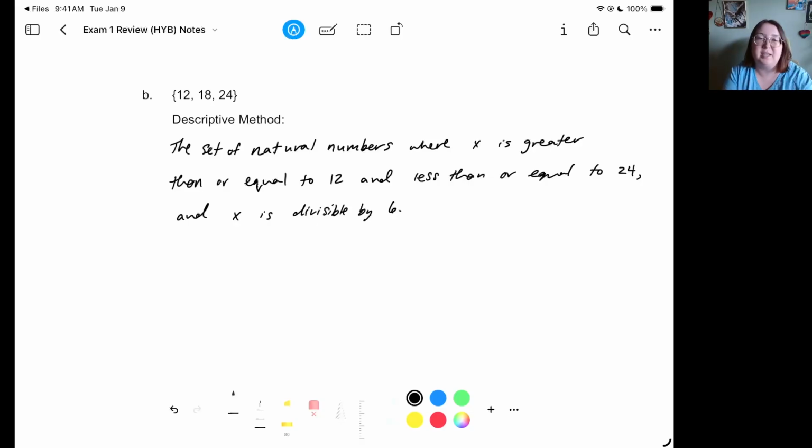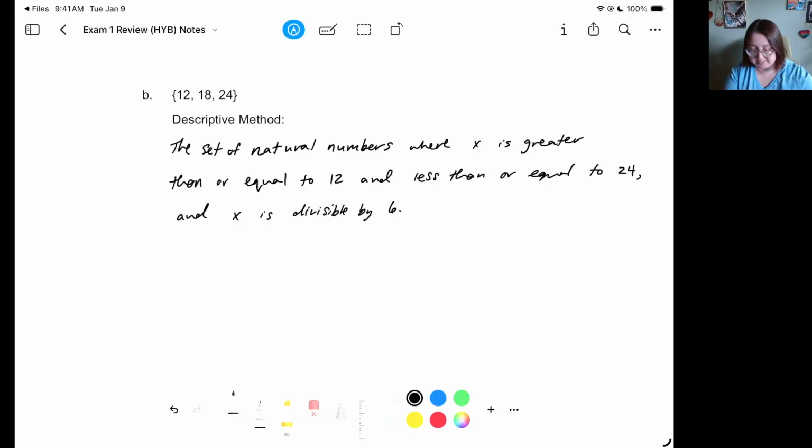So this makes it so that every natural number that I pick between the values of 12 and 24, including 12 and 24, has to be a number that is divisible by 6. So then that's 12, 18, and 24. So that's how we can get to our roster method of 12, 18, and 24.